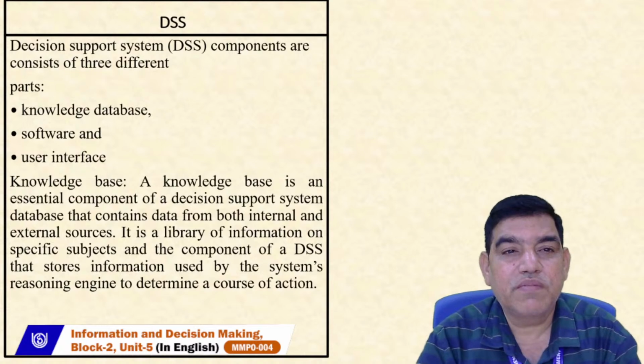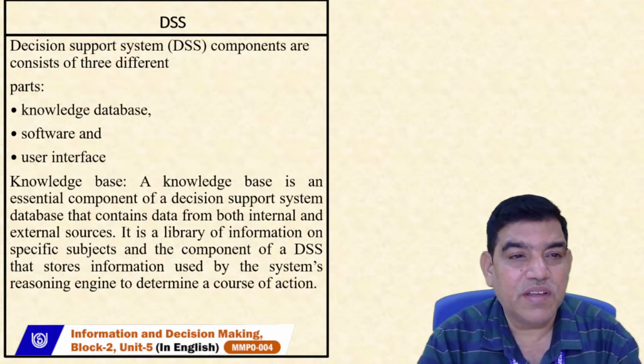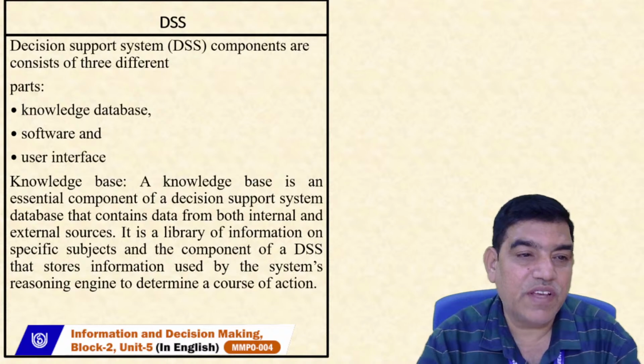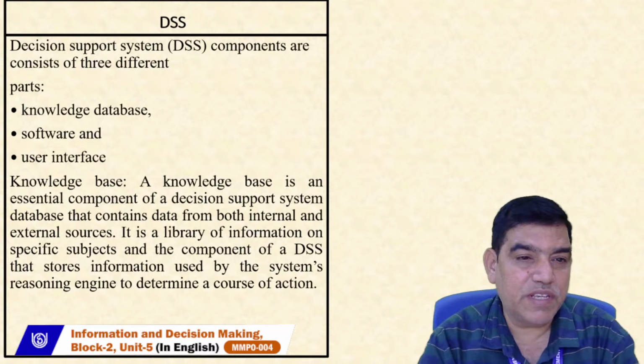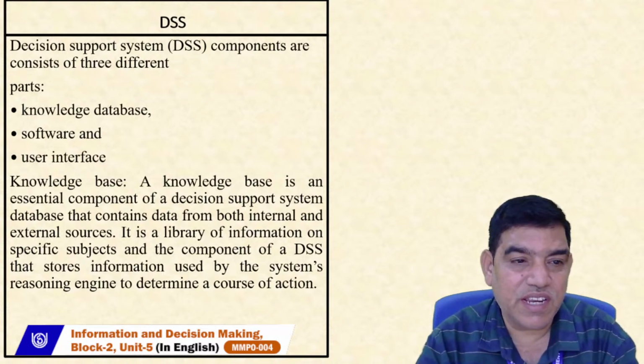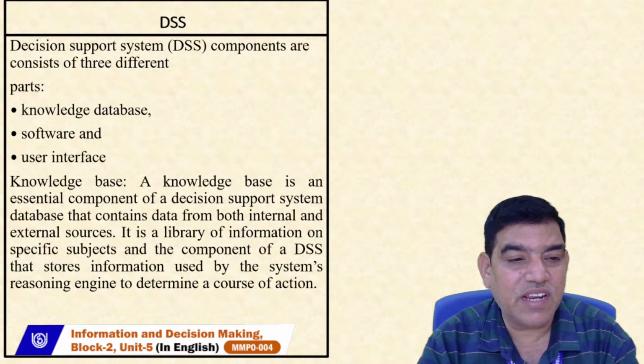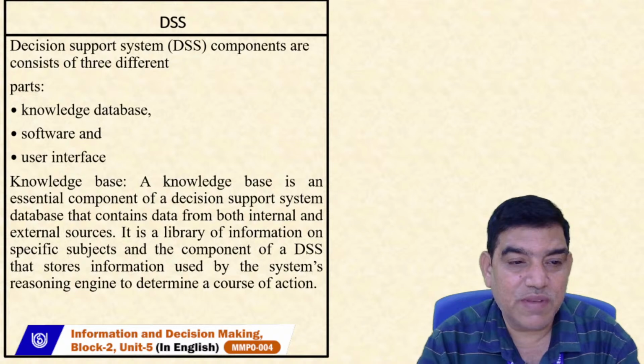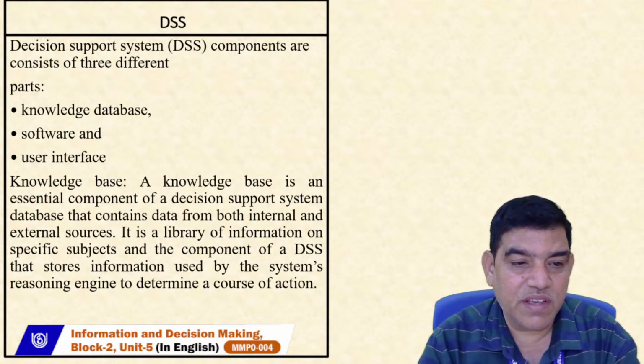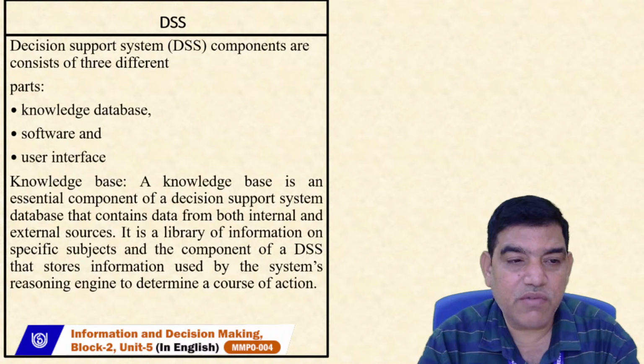Decision support system components are knowledge base, software, and user interface. What is actually a knowledge base? A knowledge base is an essential component of a decision support system. A database that contains data from both internal and external sources. It is a library of information on specific subjects and the component of a DSS that stores information used by the system, with a reasoning engine to determine a course of action.